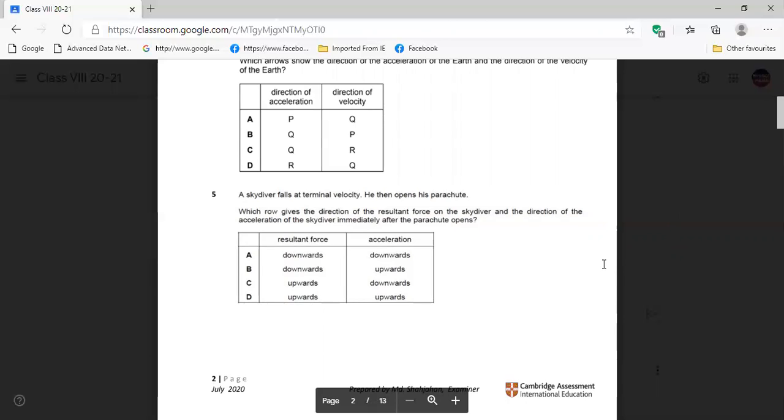You use the idea of deceleration, use the idea of friction, that will help you to get it. Sure.